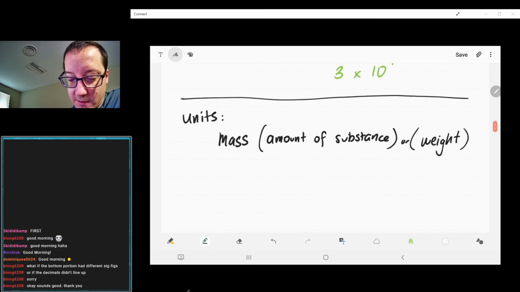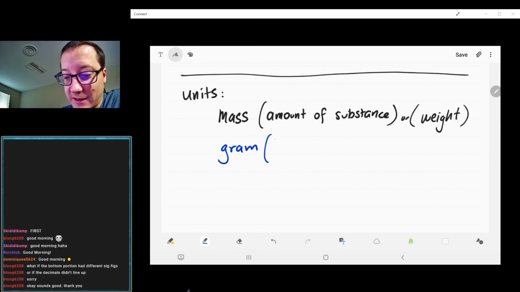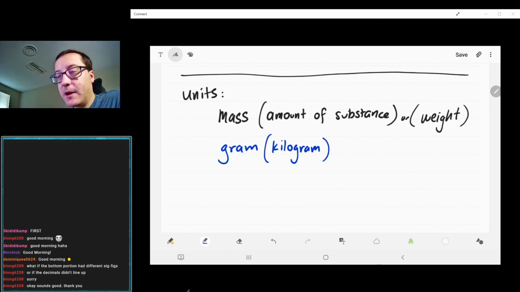So, some units of mass. For the metric system, we have the gram, or more accurately, technically, the official unit is the kilogram. But gram would be the base unit there.